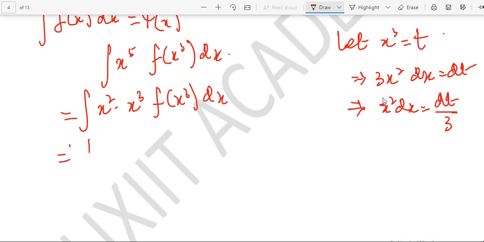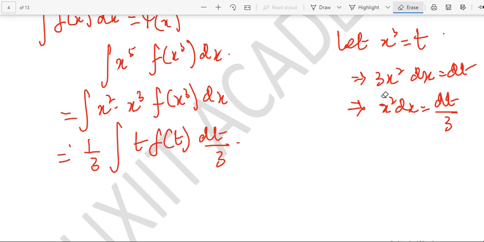So we have 1 by 3 integration of x cube as t, and then f of t, dt.